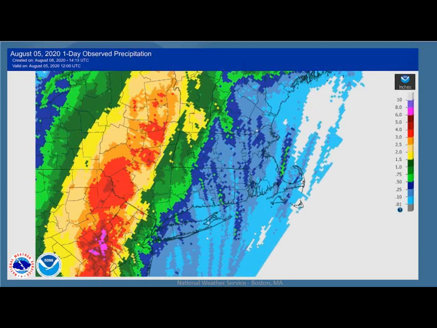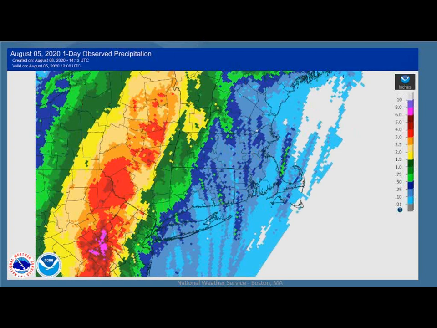And then this is just zooming in on that same image, looking specifically at southern New England. Again, we really didn't get much needed rainfall at the time, anywhere from a couple hundredths to a tenth of an inch with those showers and storms that were moving through. But just to our west, you could see that there's anywhere from 3 to even some 5-6 inch rainfall amounts.